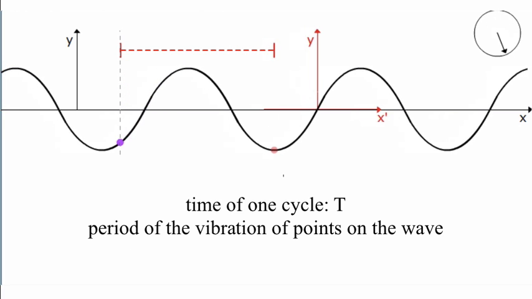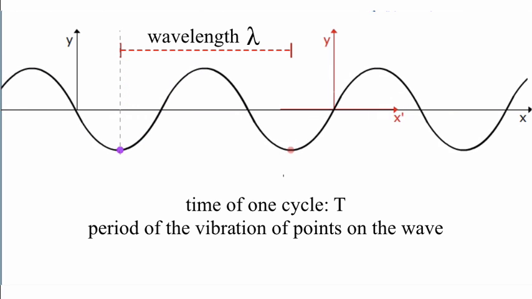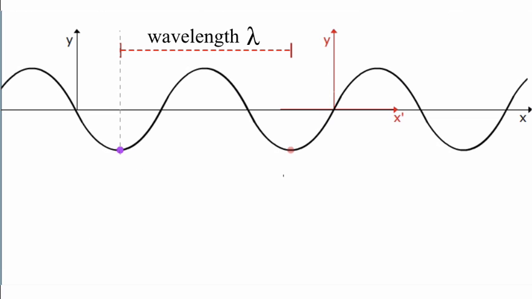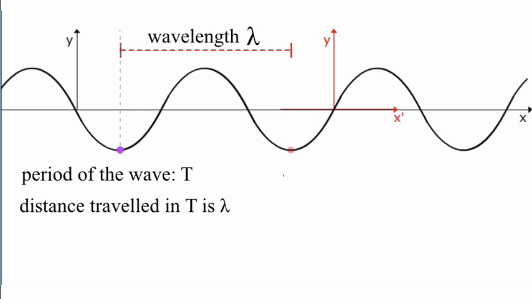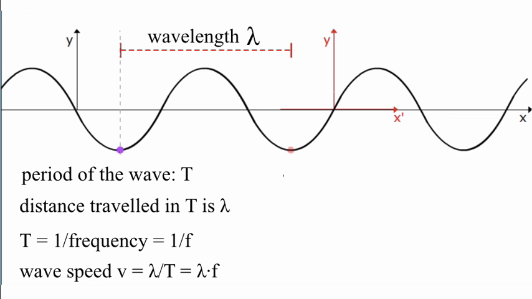So let's call the time of one cycle capital T, the period of the vibration of points on the wave, wavelength lambda. The distance travelled in time T is one wavelength lambda, and the period T is the reciprocal of the frequency. Therefore the wave speed v is lambda over T, which is equal to lambda times f.